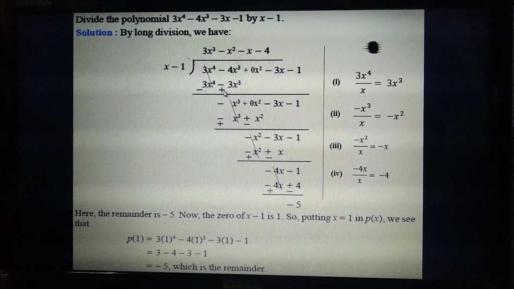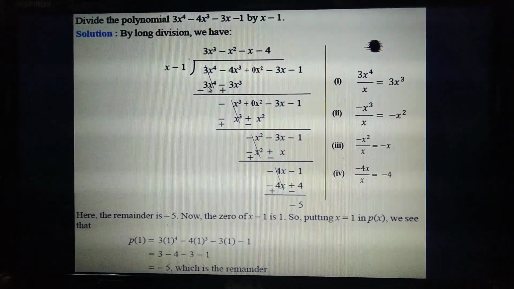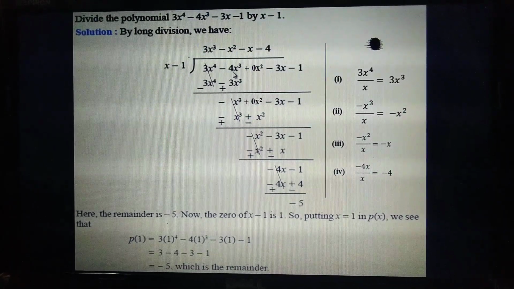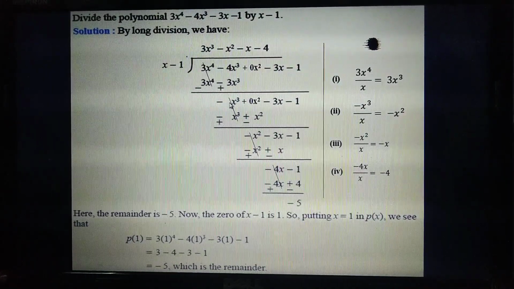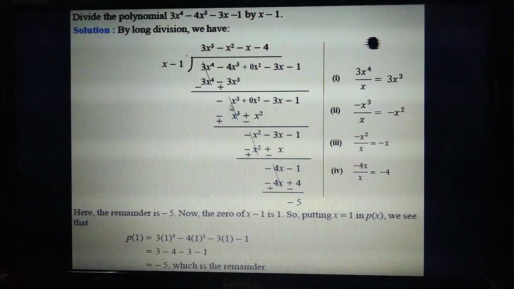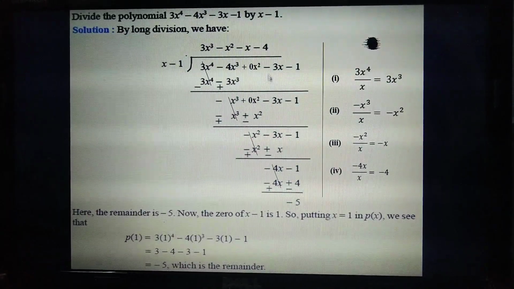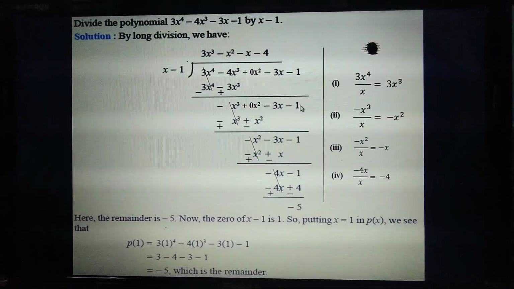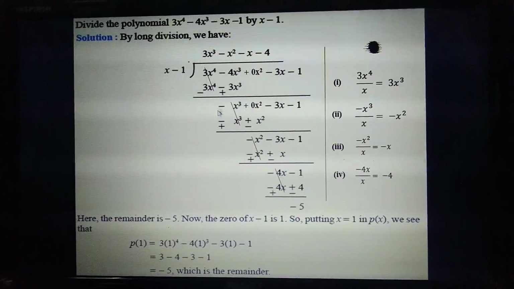Here minus is there, changes plus. So 3x power 4 minus 3x power 4 get cancelled. Minus 4x cube plus 3x cube, that is minus 1x cube, that is minus x cube. So here 0x squared minus 3x minus 1 keep as such.